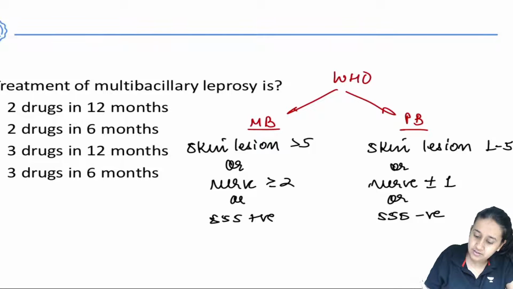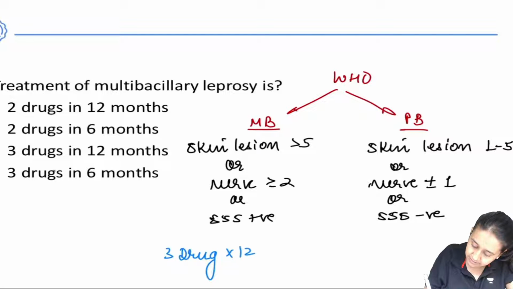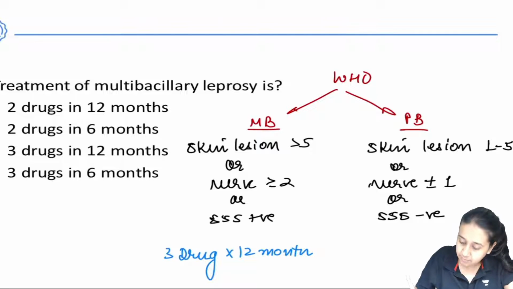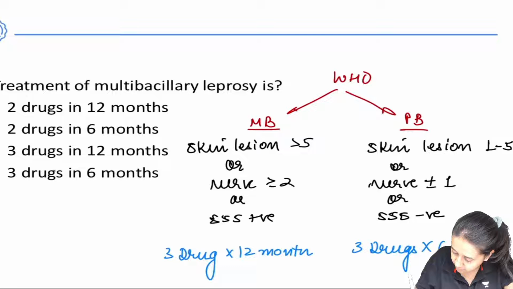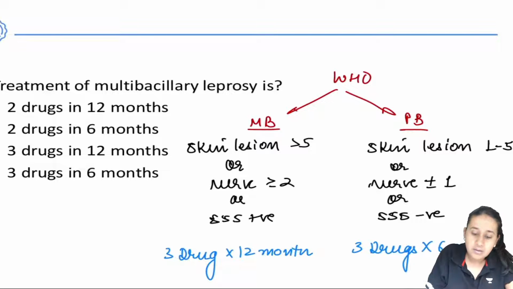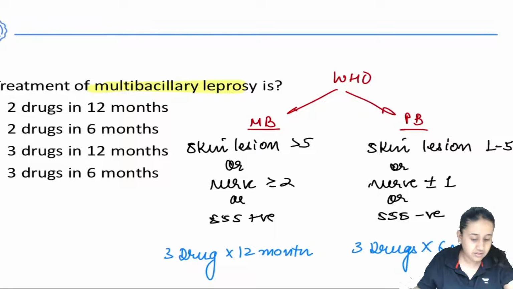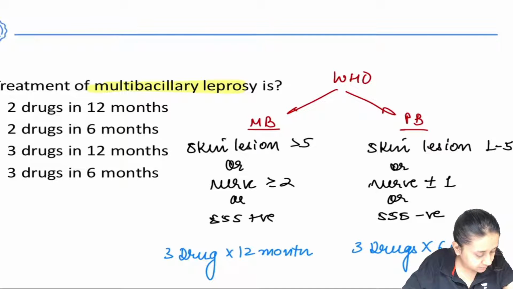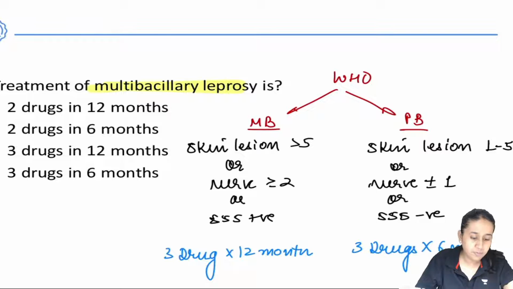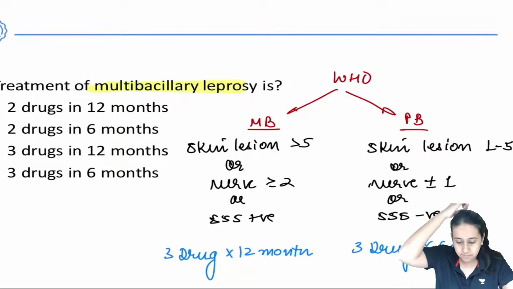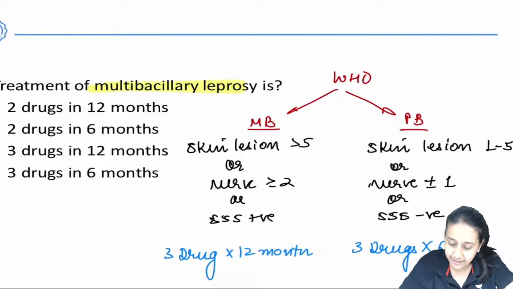The difference is you give 3 drugs for 12 months in multibacillary, and in paucibacillary you give 3 drugs for 6 months. Because the question is asking multibacillary, the answer becomes 3 drugs in 12 months. Okay, so please remember, this is a very important point. Let's move to the next question. Should we go to the next question?